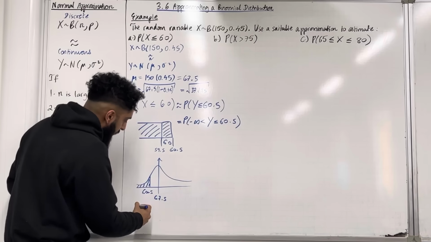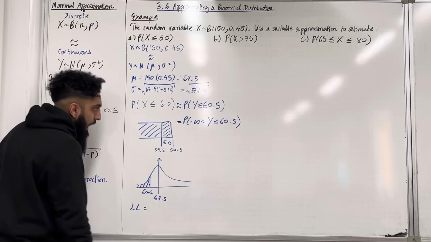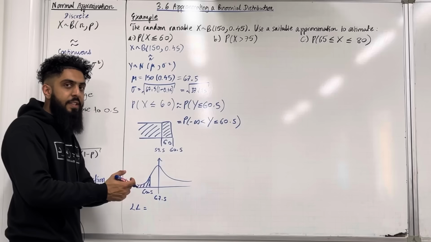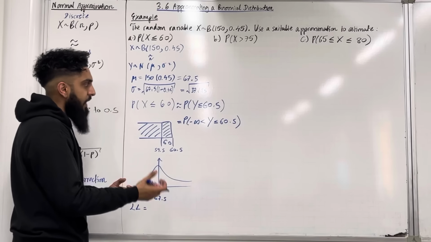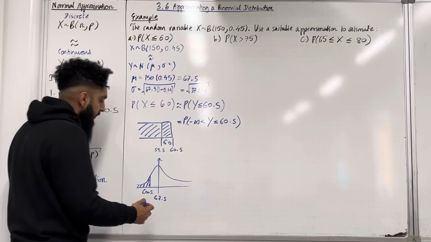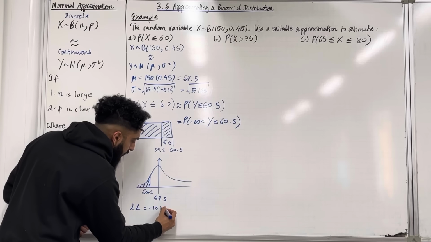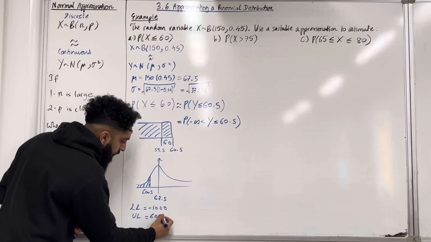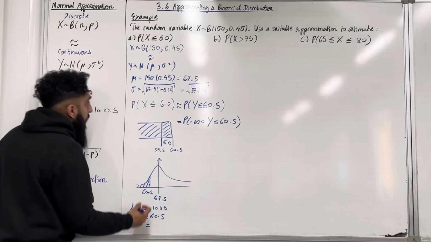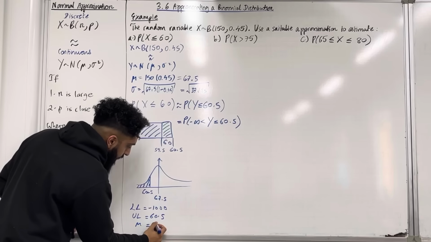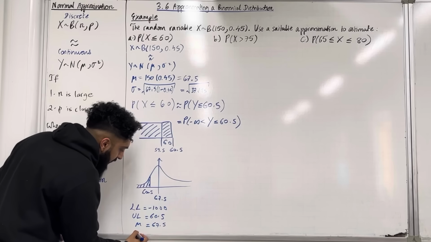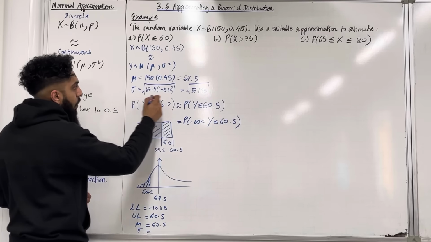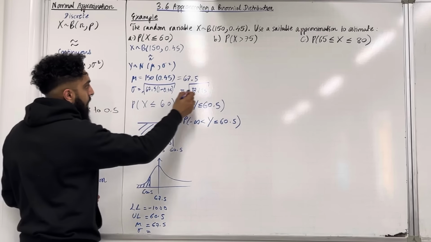What I can see is that the lower limit has to be a number far smaller than 60.5. We can't put negative infinity into our calculator, so we can take minus 1000. The upper limit will be 60.5 and the mean mu will be 67.5. The standard deviation sigma will be the square root of 37.125.